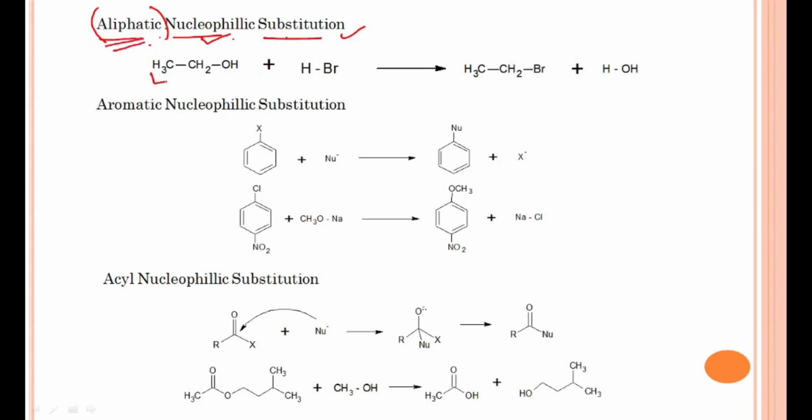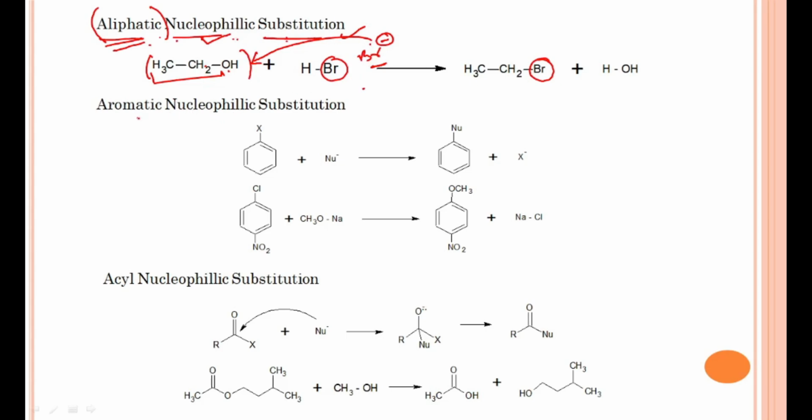See that this is an aliphatic compound, and here bromide forms a nucleophile which is replacing this OH minus. So this is a substitution reaction. OH minus is replaced with bromine. A nucleophile, this bromide ion, is involved, and it is happening in an aliphatic compound. So that's why it is an aliphatic nucleophilic substitution reaction.